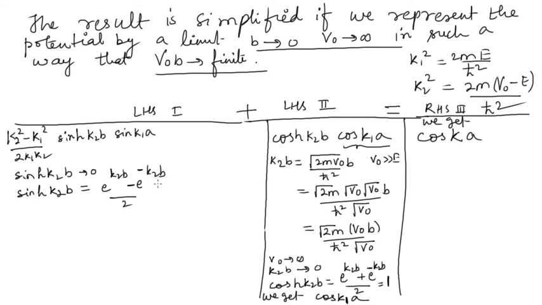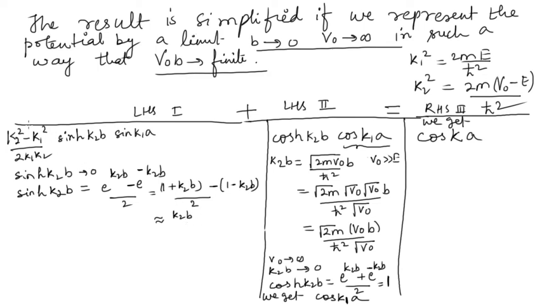Higher order terms will be 0 because k2b is very small, so I can keep only the first order term. So 1 plus k2b minus 1 minus k2b upon 2. What do I get? Minus 1 plus 1, we get approximately k2b. So sine hyperbolic k2b is approximated as k2b.